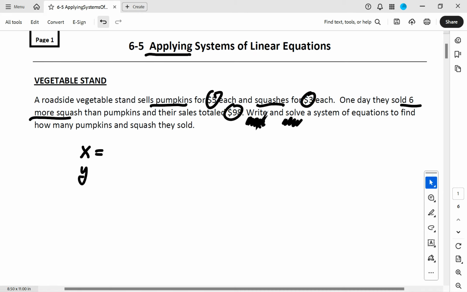And I'm going to choose an x and a y. I could use p and s, but besides the fact that s's and 2's tend to look too much alike, I am simply too used to using x and y. So I'm going to say that x is the number of pumpkins and y is the number of squash.